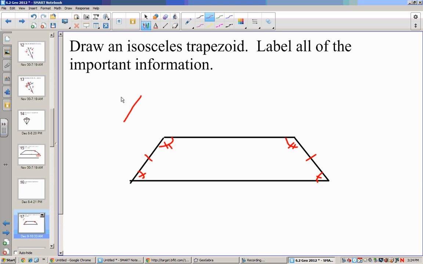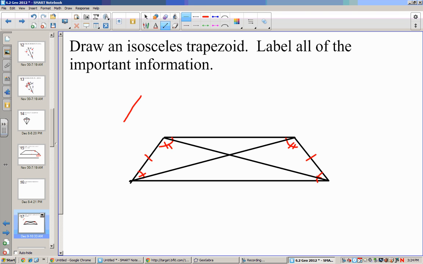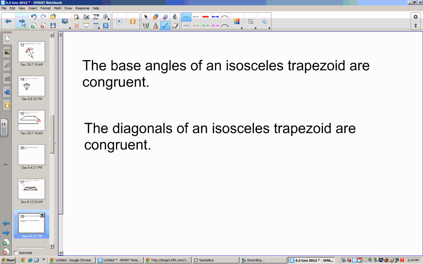So in an isosceles trapezoid, the base angles are going to be congruent. Also, if we drew the diagonals, this diagonal is going to be exactly the same length as that diagonal. So those are our properties for an isosceles trapezoid: the base angles are congruent, and the diagonals are congruent.